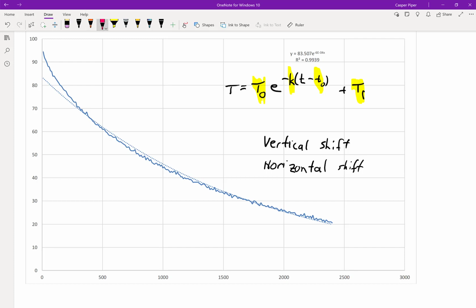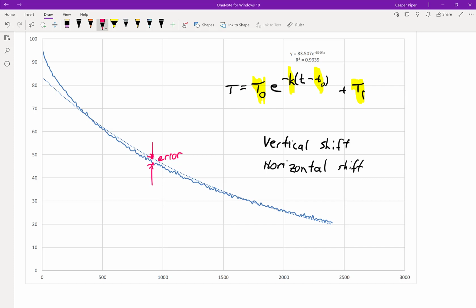Now, a couple of things I have to keep in mind. Here's a data point right here, and let's just assume that this curve is accurate. There is a value in here from there to there, and that's referred to as the error. You might recall that from a previous video.